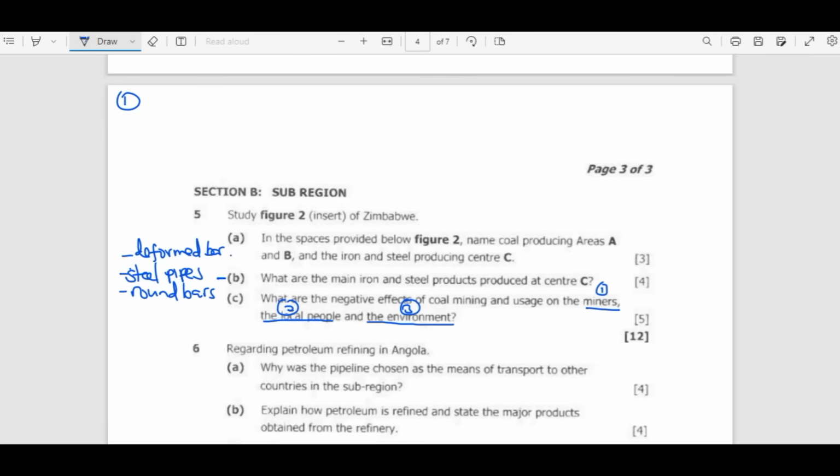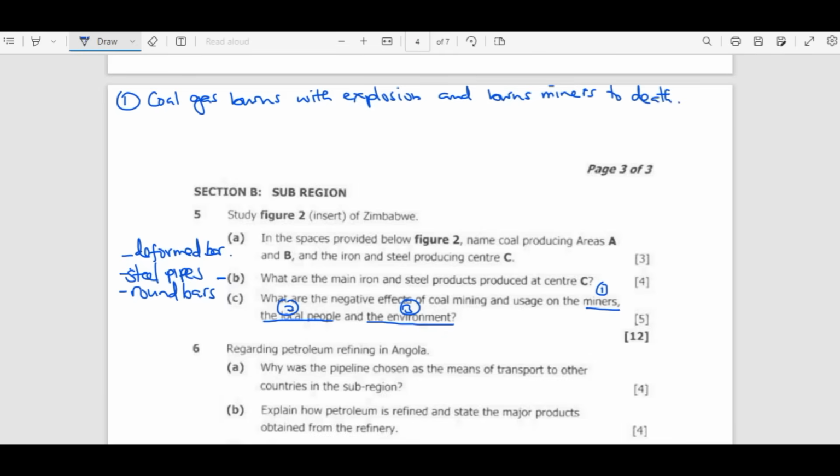Number one, we are saying that coal gas burns with explosions, and burns mines and burns miners to death.